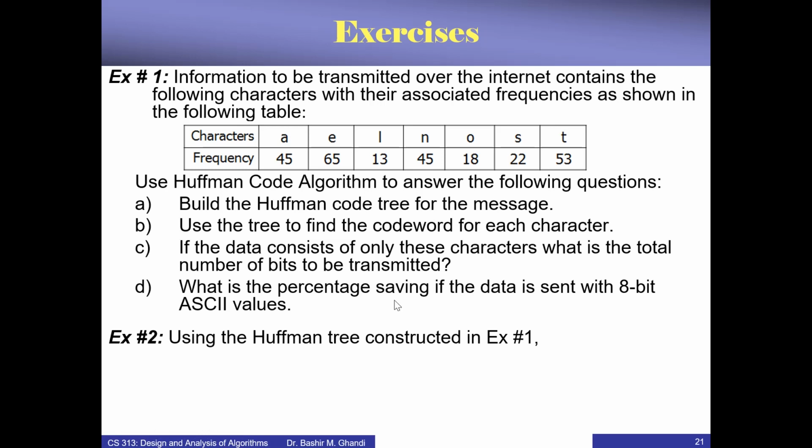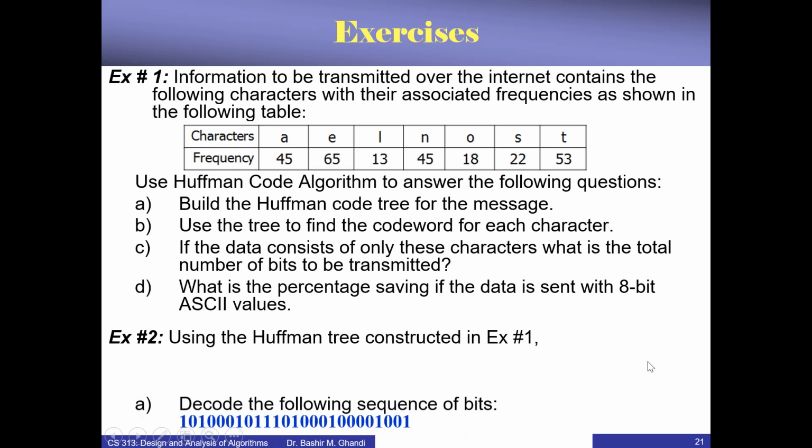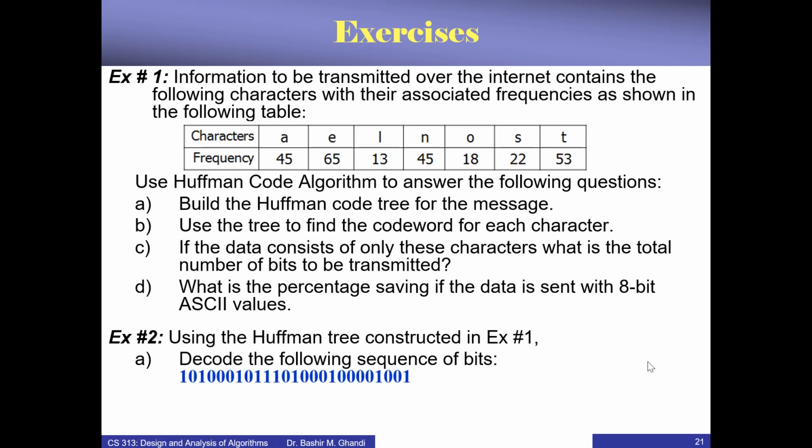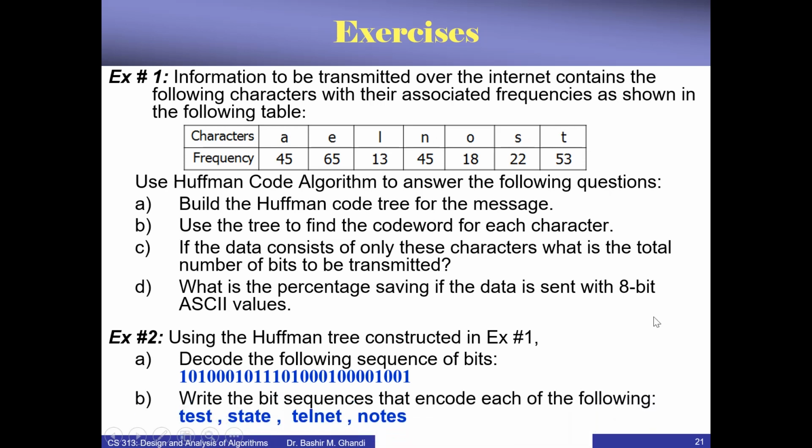The second question is saying use the Huffman code tree that you obtained from exercise number 1 to, A, decode the following sequence of bits. If you are given this sequence of bits, what do they actually mean in terms of these characters? And B, write the bit sequence that will encode each of the following.